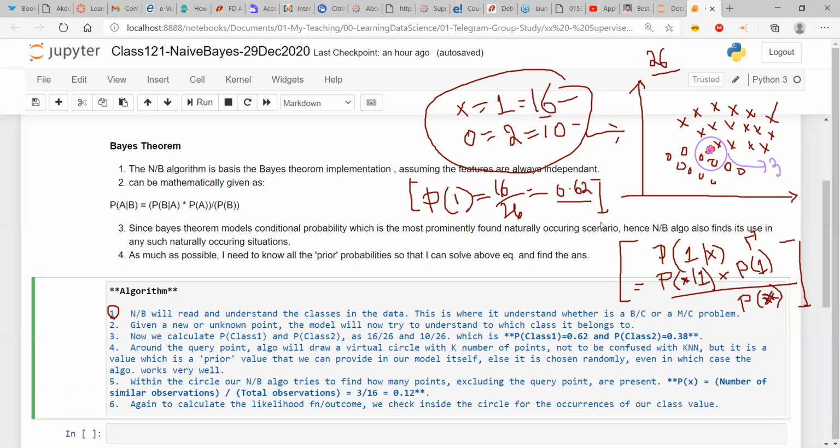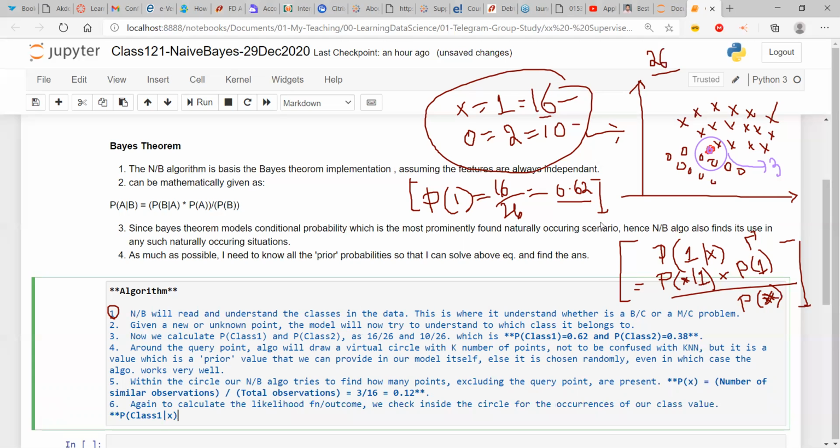So let's say in this case, how many points are there for class 1? Only one, right? So I have P of class 1 given x equal to the number of class 1 items inside the circle, divided by the total number of points in class 1.